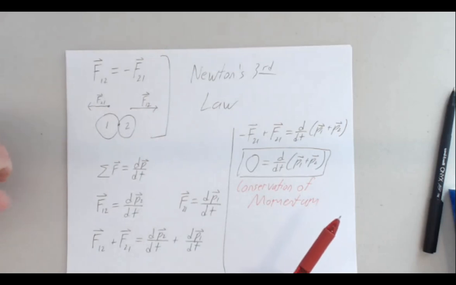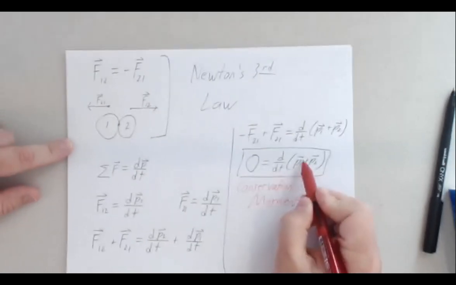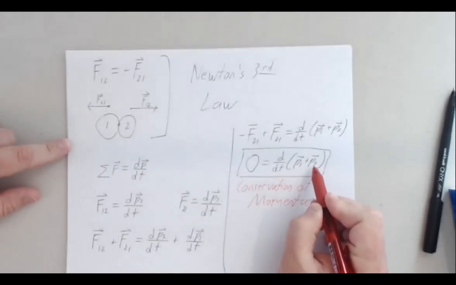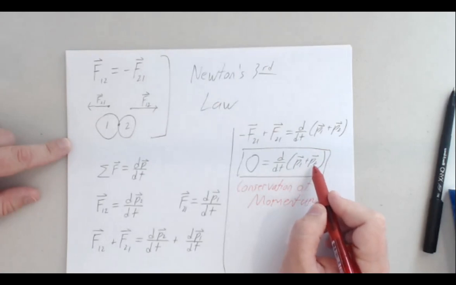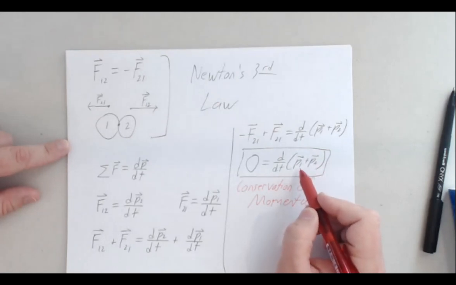So I can get momentum from another object, right? But all I'm doing is trading momentum. If the momentum of object 1 goes up, the momentum of object 2 has to go down. If the momentum of object 2 goes up, the momentum of object 1 has to go down.